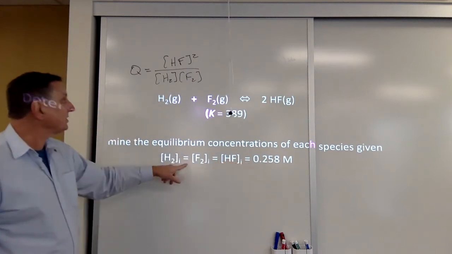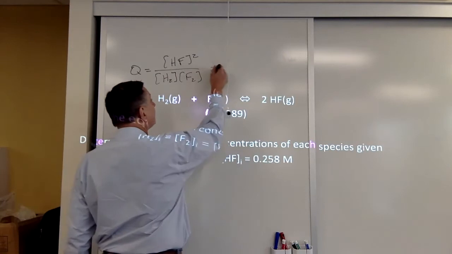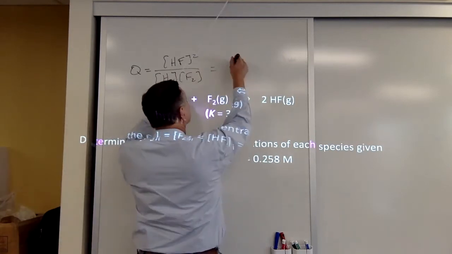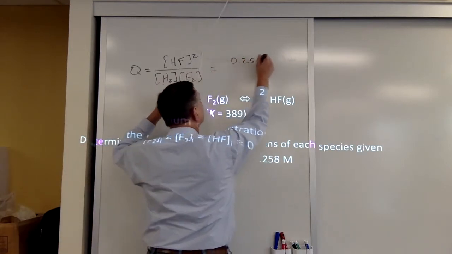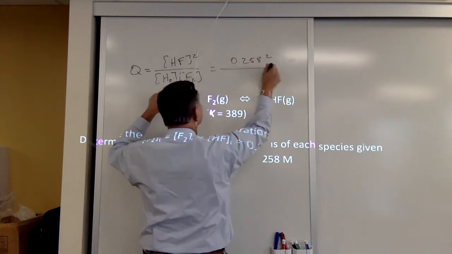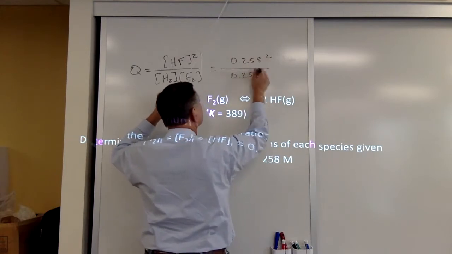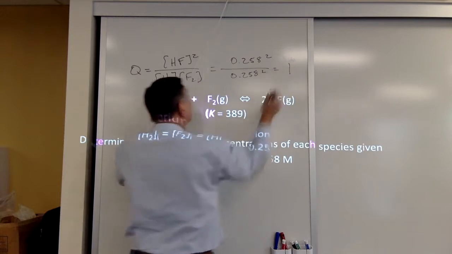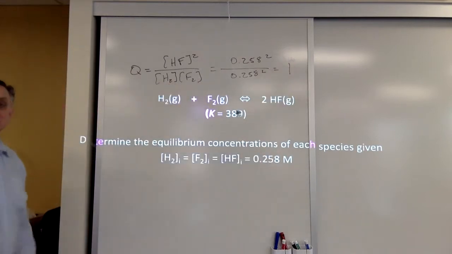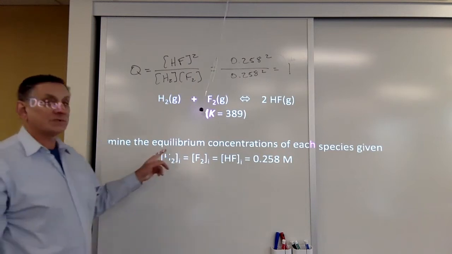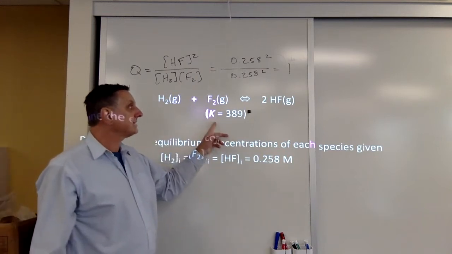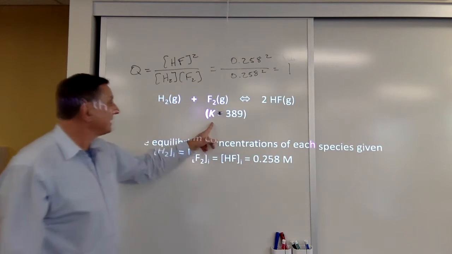Everything is 0.258. So this is 0.258 squared, all over 0.258 times 0.258, which equals 1. Q is 1. Q is less than K. So what does that mean?